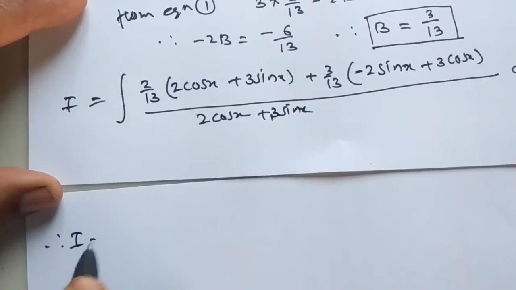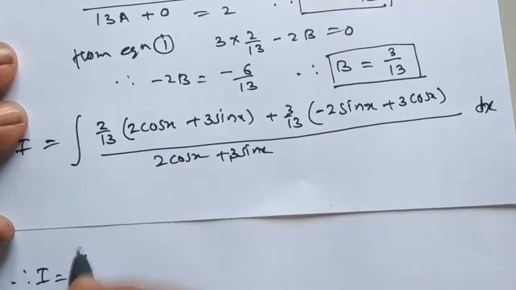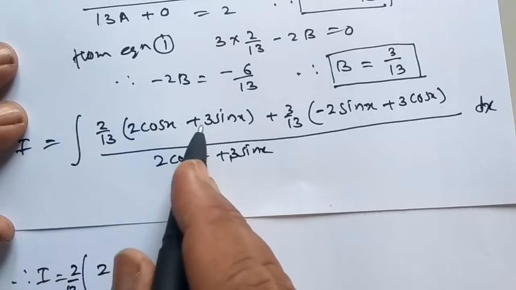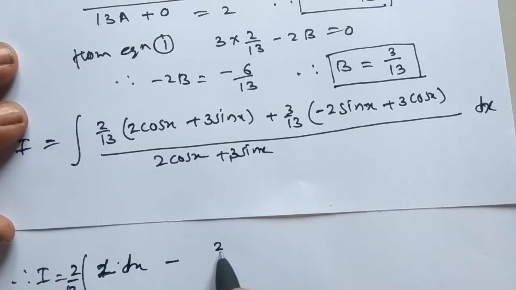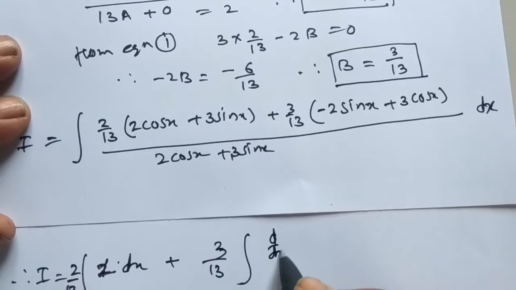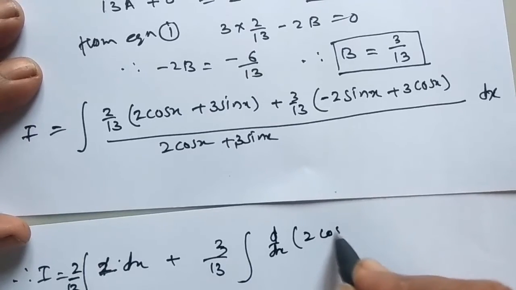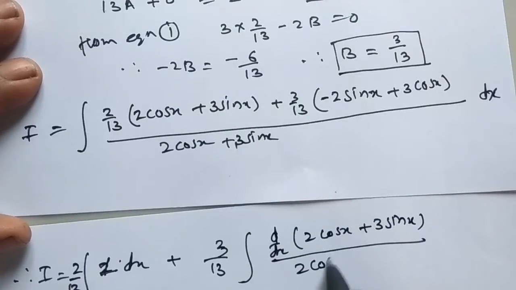Therefore I is equal to the integration of, now we divide this into each term. Here 2 upon 13, and here (2 cos x plus 3 sin x) upon (2 cos x plus 3 sin x) becomes 1, dx, plus 3 upon 13 integration of the derivative of the denominator, (minus 2 sin x plus 3 cos x), upon 2 cos x plus 3 sin x dx.